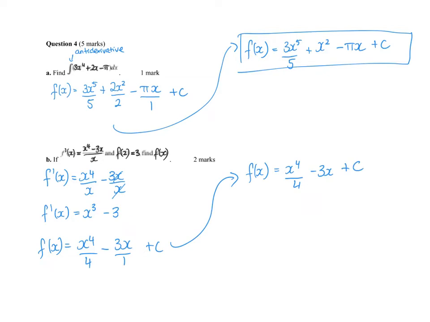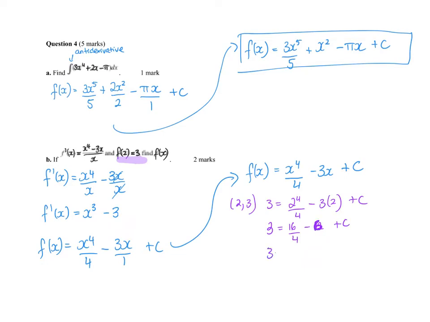Okay, we need c. The only way you can find c is if you use a point. They gave you a point here. They gave you the point that when x equals 2, y equals 3. So I can pop that in here. Everywhere I see x, I will put a 2, and where y was, a 3. So I work that out. 2 to the power of 4 is actually 16, over 4 is 4.